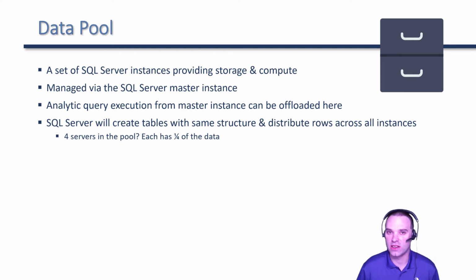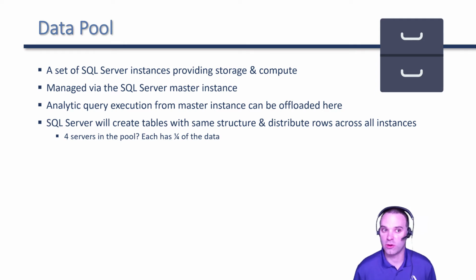The idea here is you can take large quantities of data and distribute them across this pool. So if you have a data set with, let's say, 10 million rows, and you have a data pool consisting of 10 SQL Server instances, each instance will have 1 million of those rows, give or take.